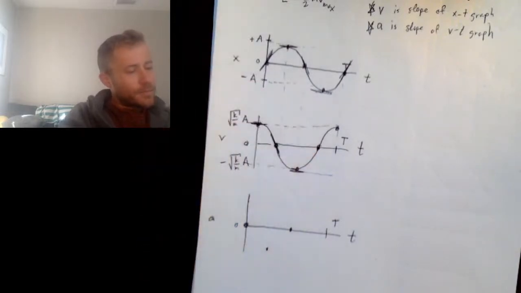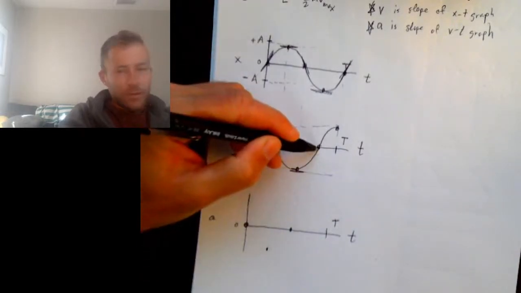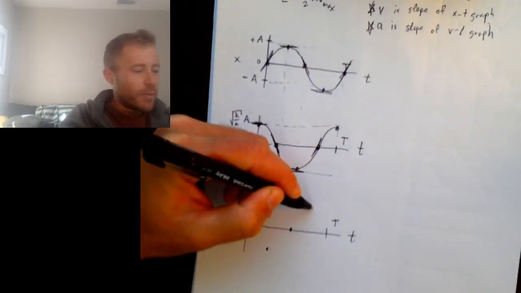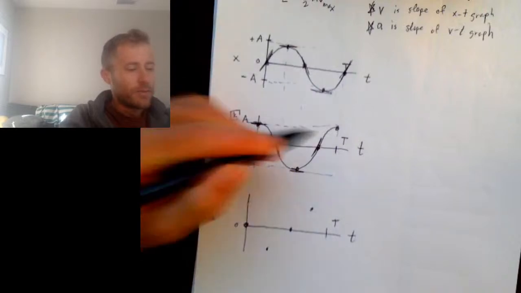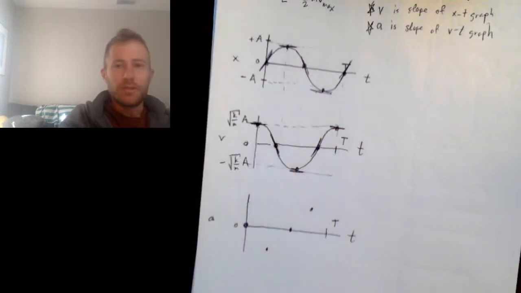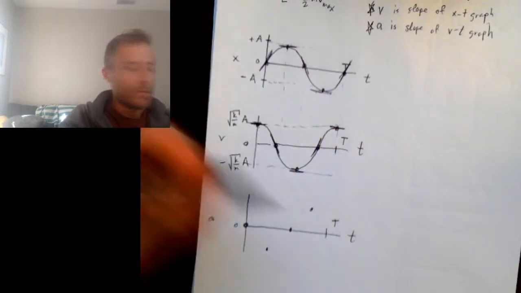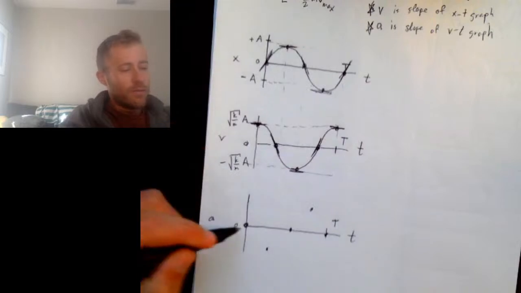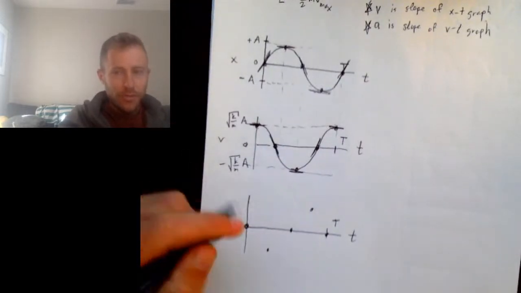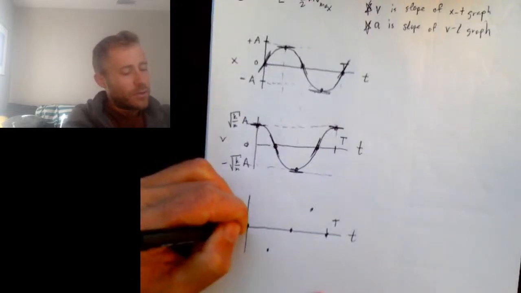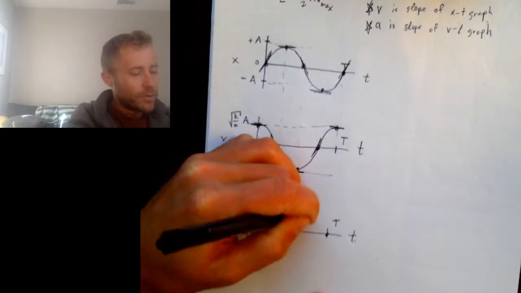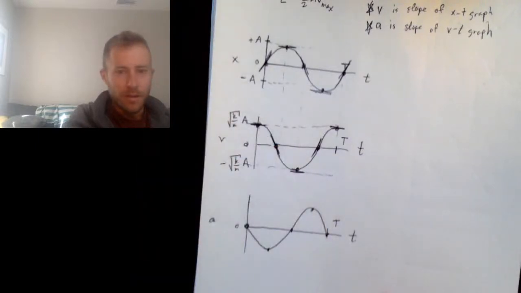Here, the slope is positive, so I will mark a positive value on my graph at that time. And here, the slope is 0, so I will mark 0. So now I have 5 dots, which I can use as a basis to sketch the acceleration versus time. So it's going to look something like this. All right.